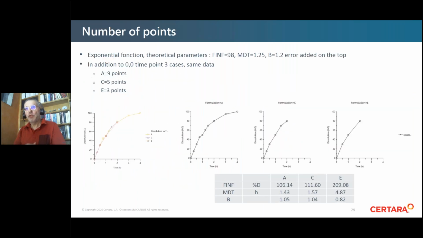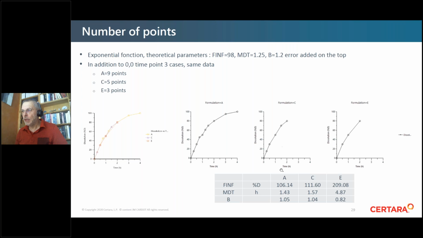Something which is quite important, and which explains that the number of points could be of importance: I have here, in addition to 0, 0, three cases. The three cases are on the left here, A, C, and E. Those three cases correspond to 9 points for A, 5 points for C, and only 3 points for E. And I make exactly the same fit. What I can see, when I reduce my number of points, is that I have a problem.